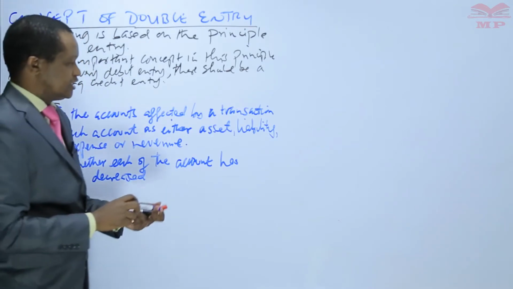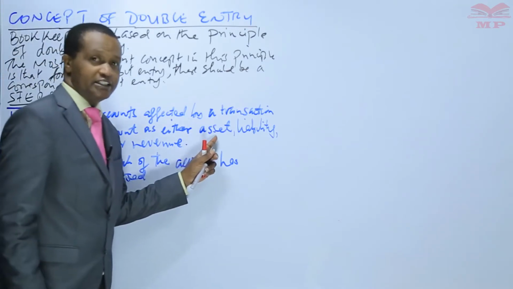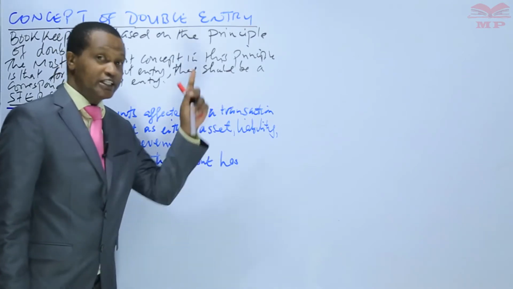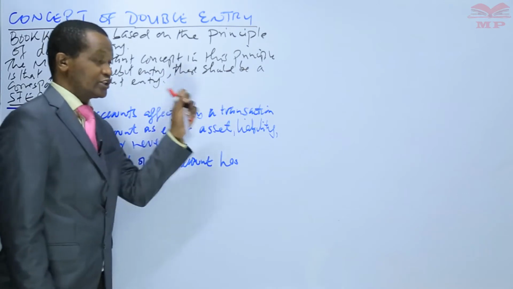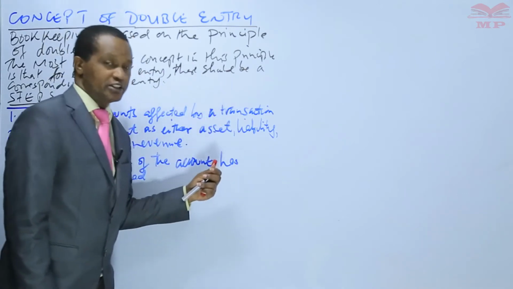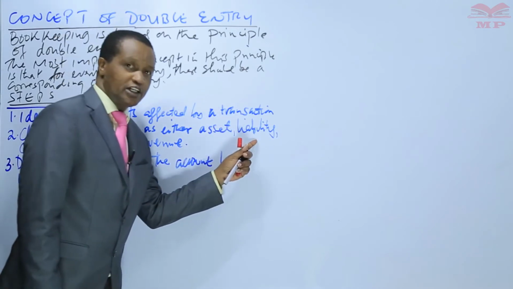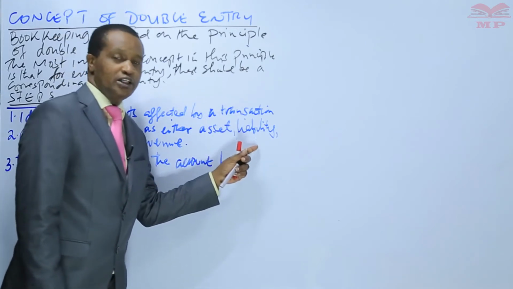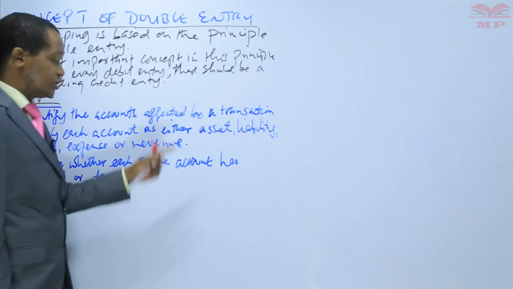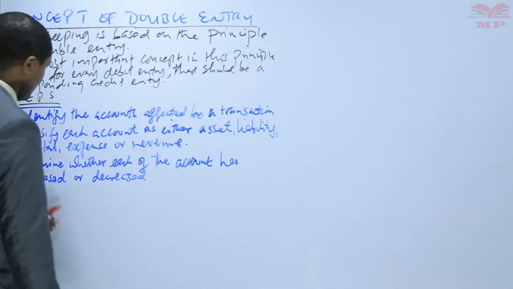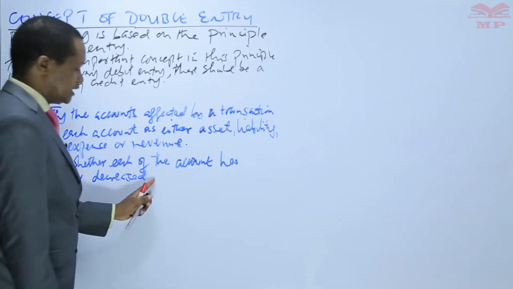Remember, we said if a transaction increases an asset, then that transaction will be recorded on the debit side. If a transaction reduces a liability, then that transaction has to be recorded on the debit side. So it's important to determine whether each of the account has increased or decreased.